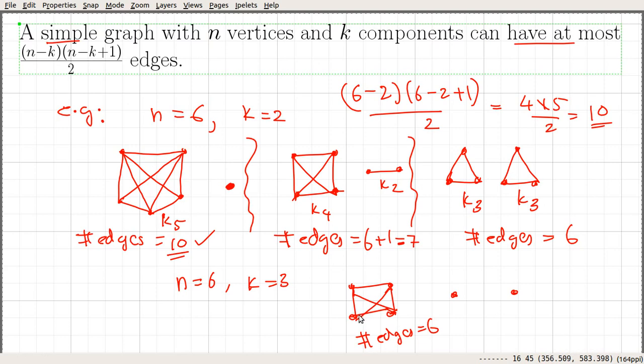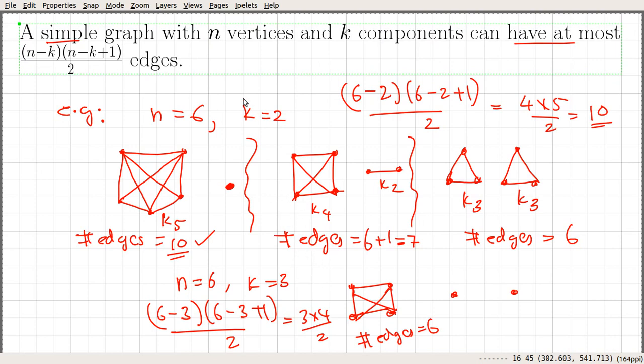I think this is the maximum possible number of edges with n equal to 6 and k equal to 3. Let's see by substituting here: 6 minus 3 times 6 minus 3 plus 1 divided by 2, which is 3 into 4 divided by 2, which is nothing but 6.